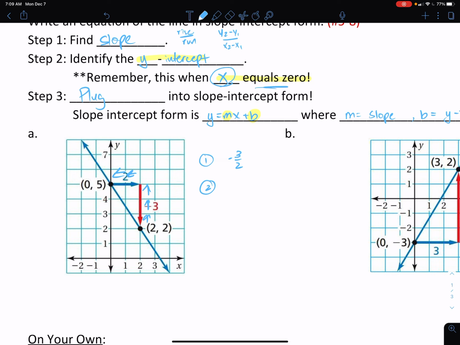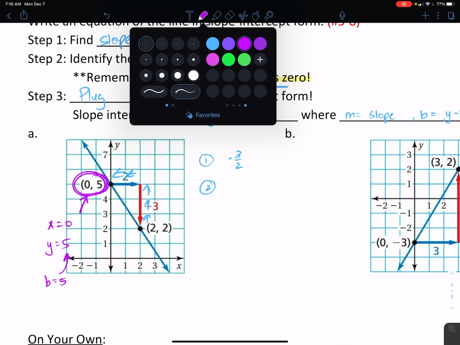In this problem, my x is equal to 0 here. So x equals 0. When x is equal to 0, y is equal to 5. Therefore, b is going to equal 5. Anytime you're given a graph, you will always be given a y-intercept. Okay? So, therefore, b is equal to 5.